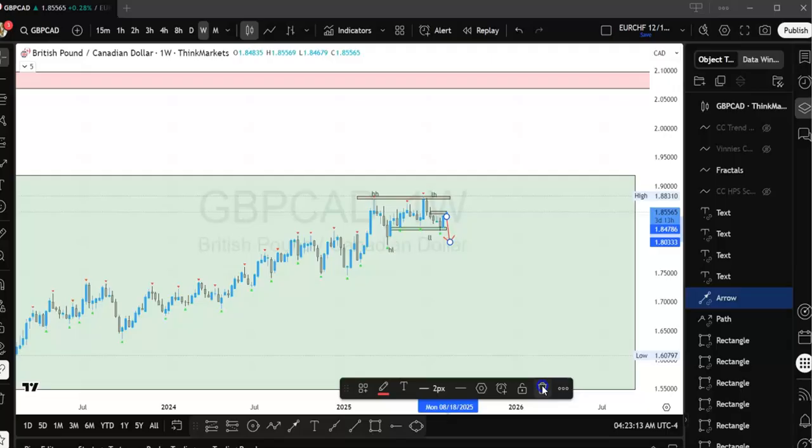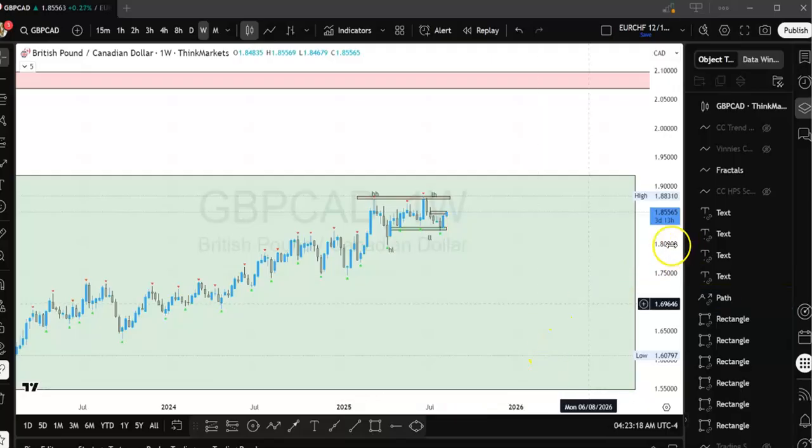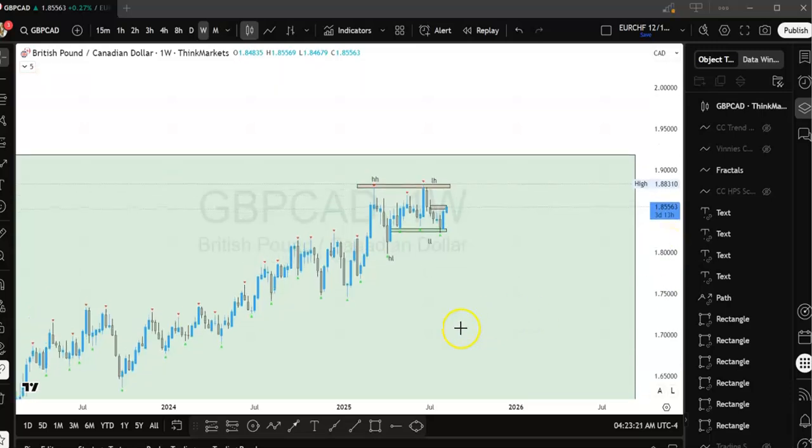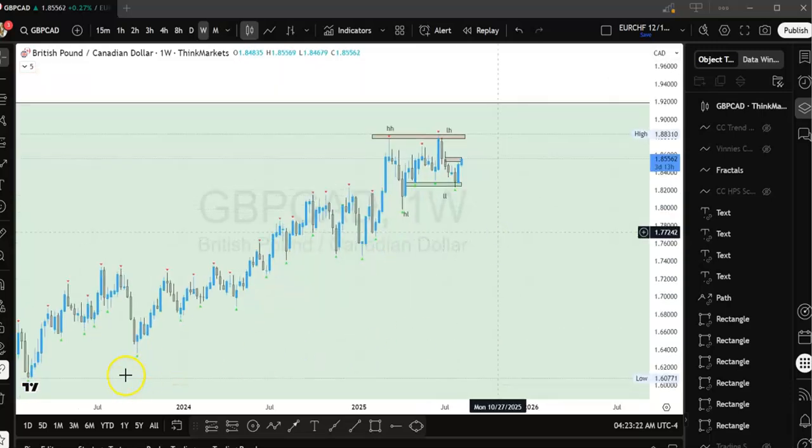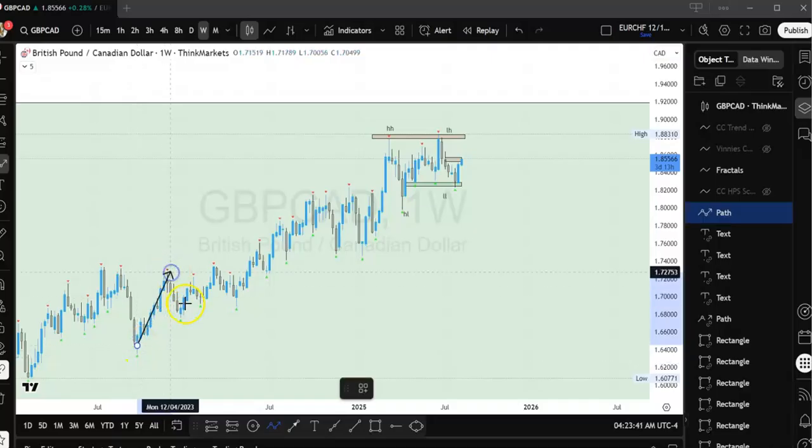Alright, so as we're looking at the weekly, you can see that price is going up, right? And then now we're in this little consolidation area, where it's kind of not going higher, it's just staying in that box. So we see the market doing this, right?